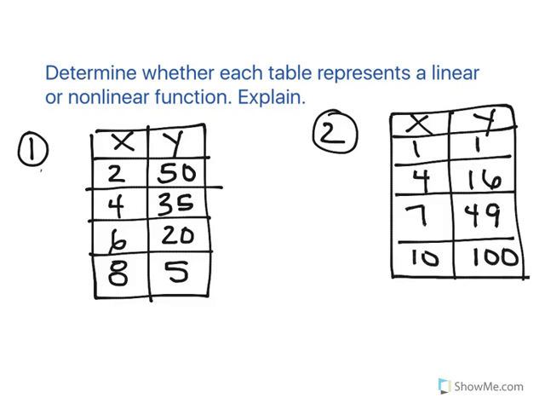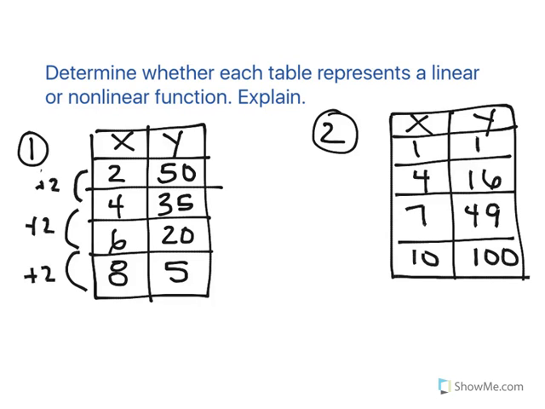So the first example says to determine whether each table represents a linear, that means there's a constant rate of change or constant pattern, or a nonlinear, where there's no pattern. And then we have to say why. Okay, so let's see if there's a pattern. It looks like I'm going up 2, up 2, up 2.